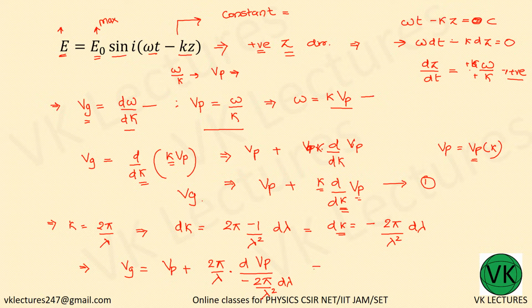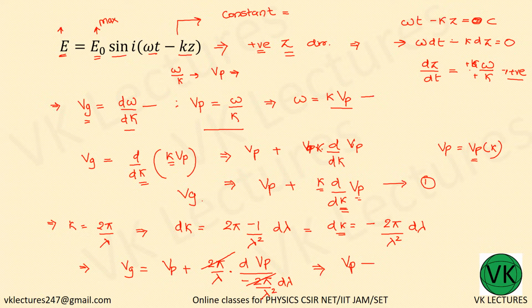Now just rearranging and cancelling unwanted terms. Here you have 2 pi and 2 pi, which cancel, which gives you Vp. The minus stays here.